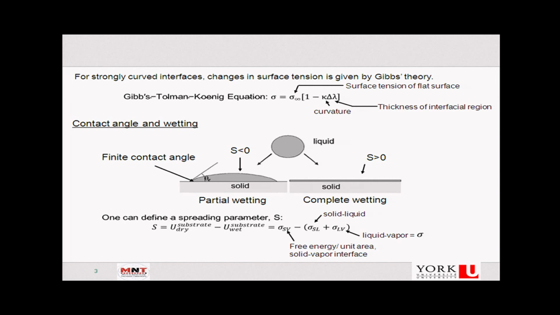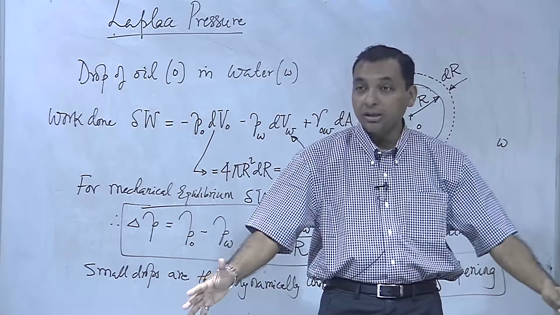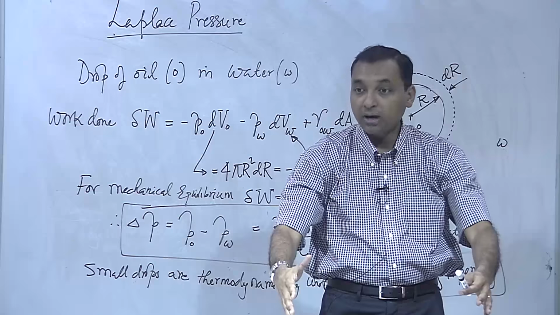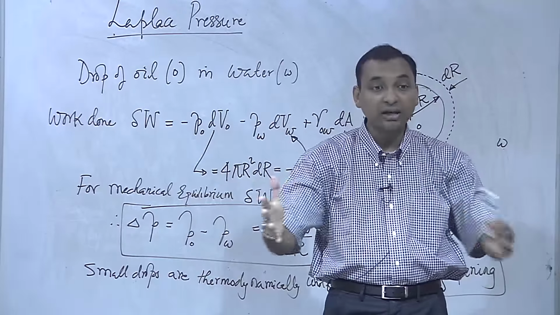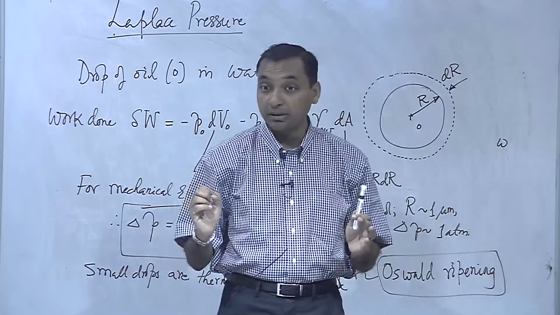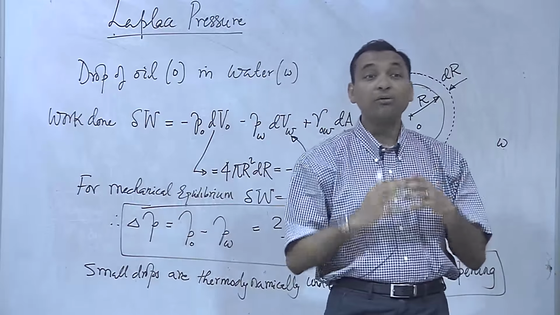The S here is the spreading parameter, which is the energy difference between the dry energy of the substrate minus the wetted energy. If the substrate has a dry energy, and I bring a drop onto it, it becomes wet and attains a different energy. That difference of energy is the spreading parameter, and it really dictates the wetting.